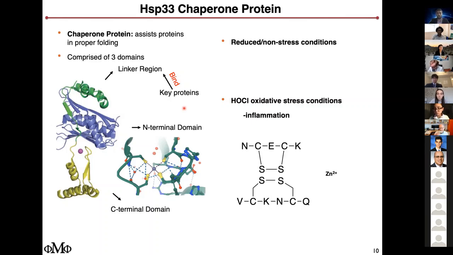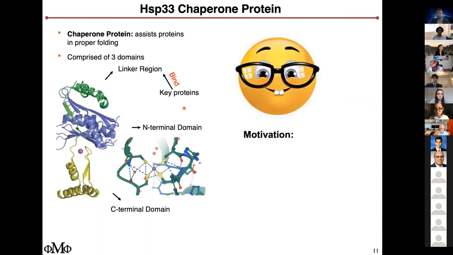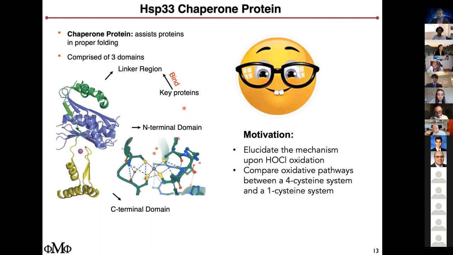So now that we have an idea of how HSP33 works, I want to show you my motivation for completing this work. I won't be able to go into everything because of the time crunch, but I will mainly be trying to elucidate the mechanism upon HOCl oxidation. I'm going to be comparing the oxidative pathways between a 4-cysteine system that we see right here and a 1-cysteine system.